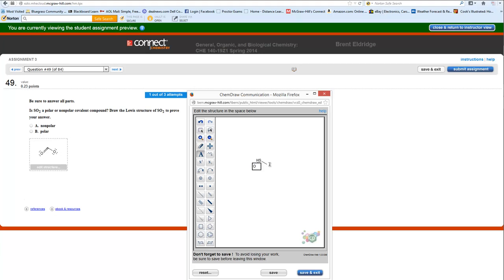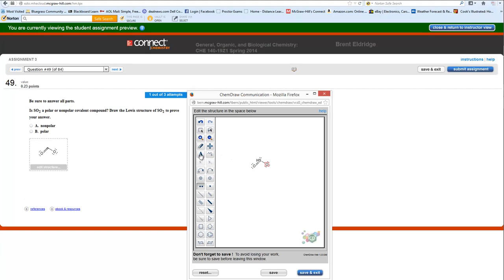Here. Here. And then we'll start putting in the lone pairs. 1, 2, and 1, 2, 3. And then let's get rid of the hydrogen. Or let's do this. Wait, before we do that, let's highlight this.